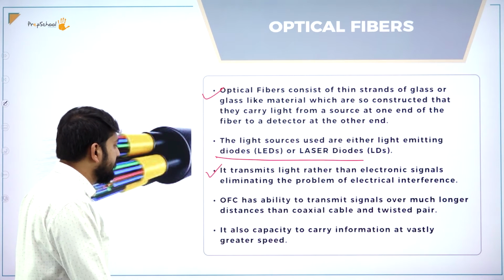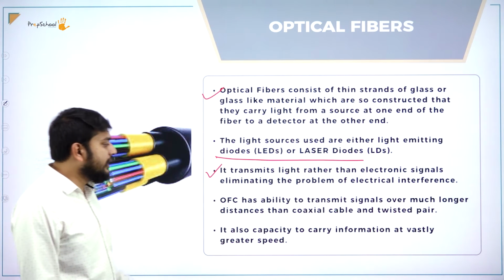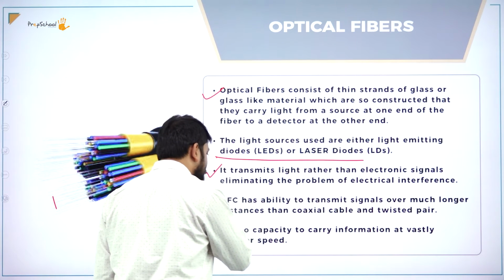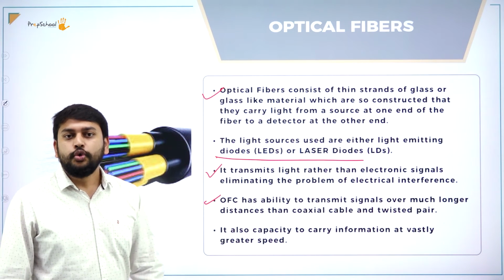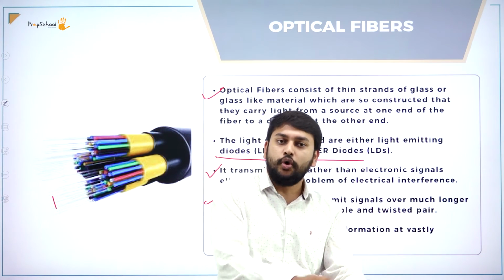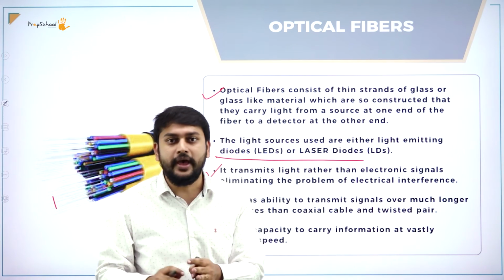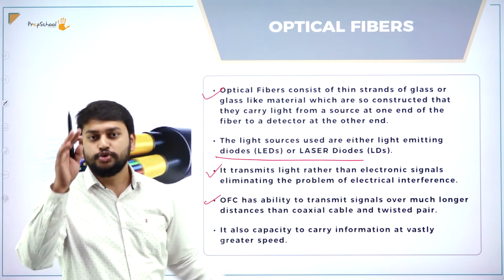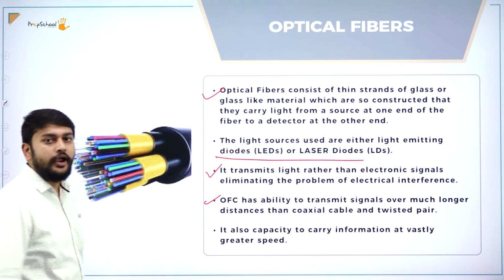We don't have interference. Optical fiber cable has the ability to transmit the signals over a much longer distance. You can transmit the data at the highest speed compared to coaxial cable as well as twisted pair, and also you can transmit the data over a longer distance, which is what you need to remember with this point.